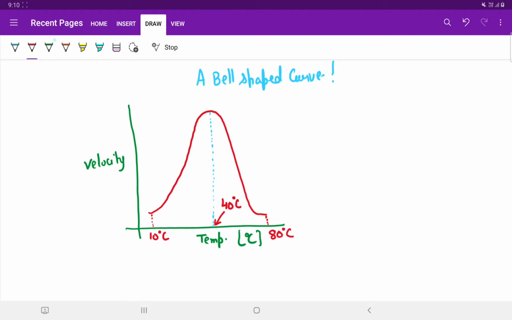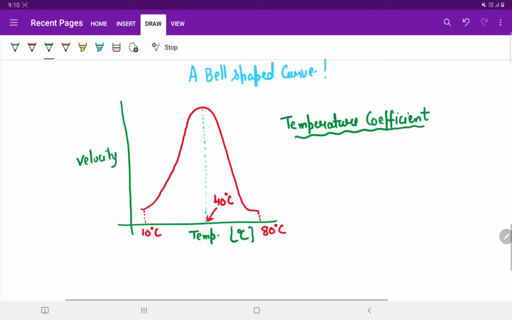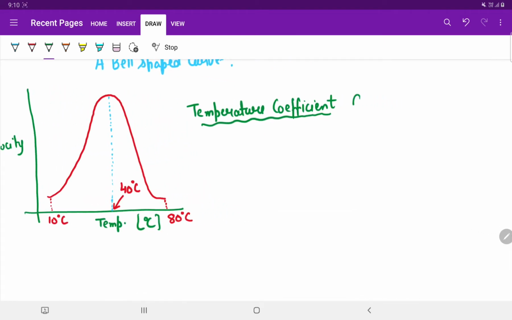Generally a term is linked with this, known as the temperature coefficient. Usually you will find a term linked with the temperature effect, that is the temperature coefficient. So what does this temperature coefficient mean? It is also known as Q10.